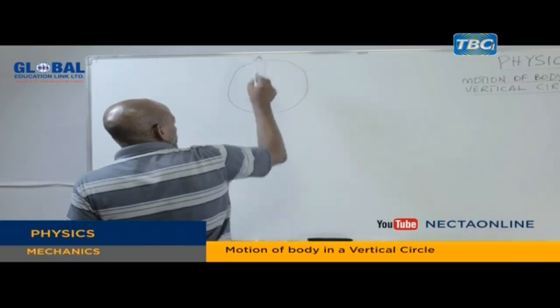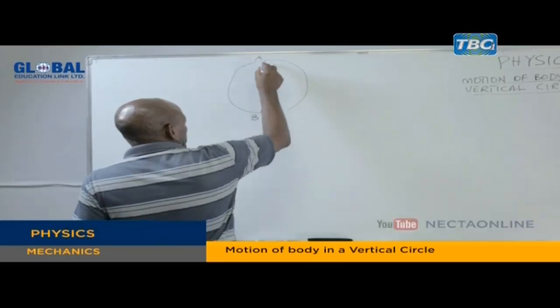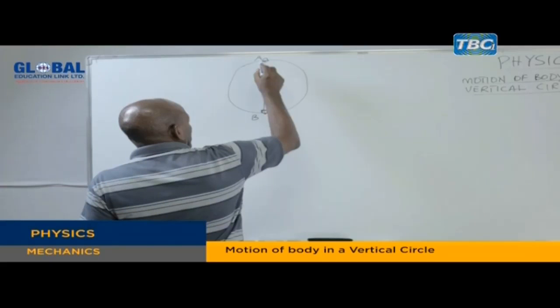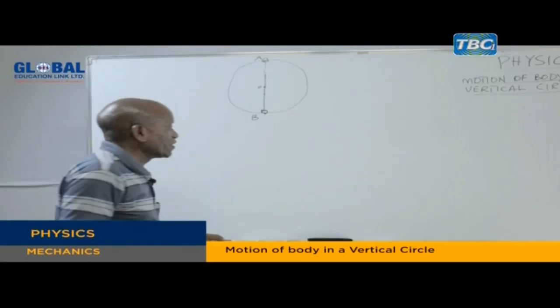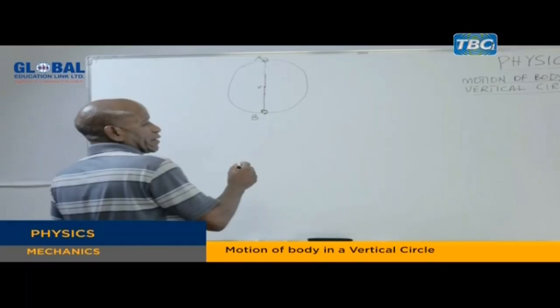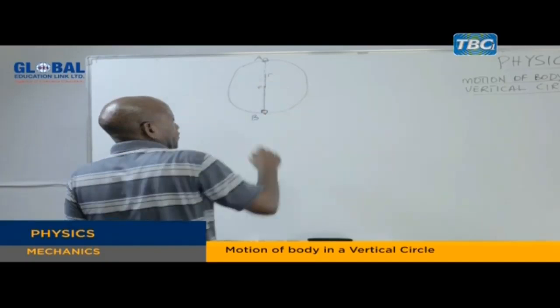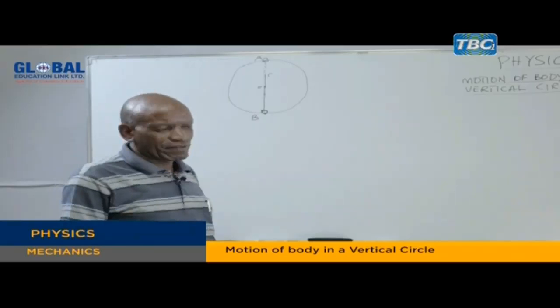Let me take this to be point A, the highest point, and point B, the lowest point. So at the moment it's passing at the highest point, it will look like that. So that is point O, the center. And we are having the length of the string. The length of the string is 1.5 meters.